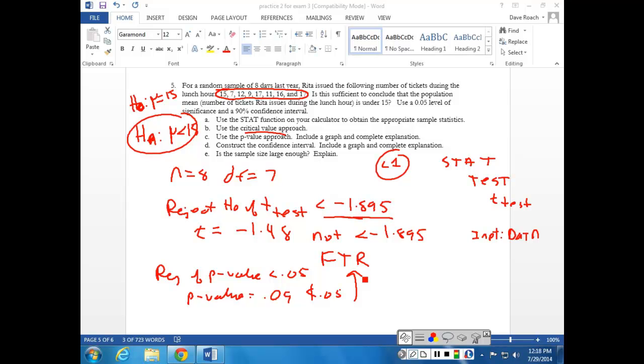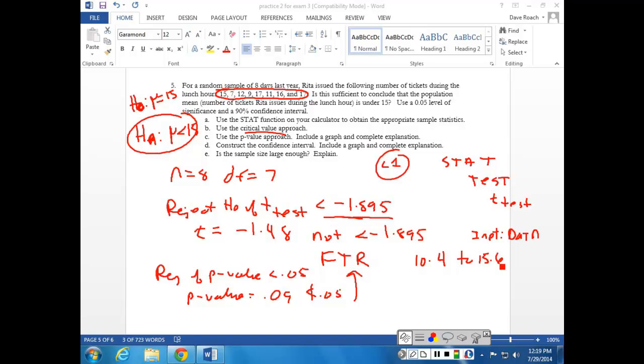Confidence interval, stat, tests, go down to T interval, option 8. And just make sure you have 90%. It still says list 1. Your interval goes from 10.4443 to 15.6.